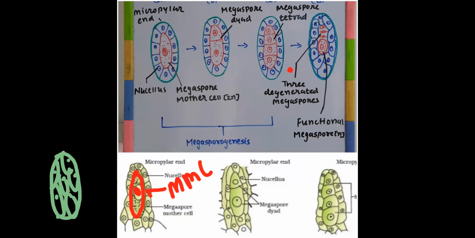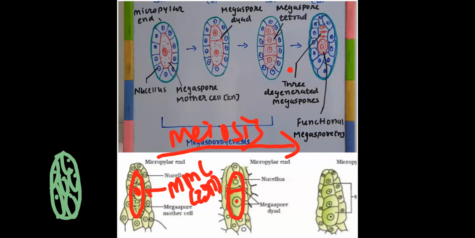This megaspore mother cell goes through meiosis. First meiosis, 2 haploid cells from this diploid cell, and subsequent meiosis number 2, divisions back to back. So in this case, further it will form 4 cells. All 4 are haploid cells and they are called megaspores.